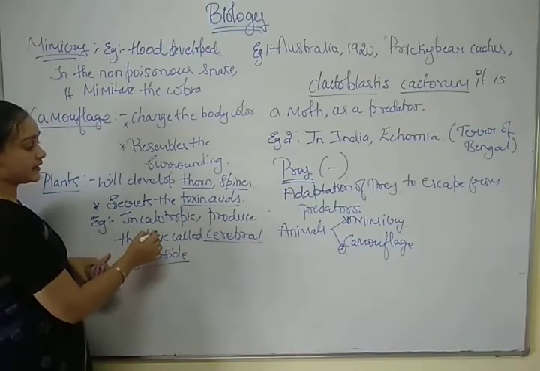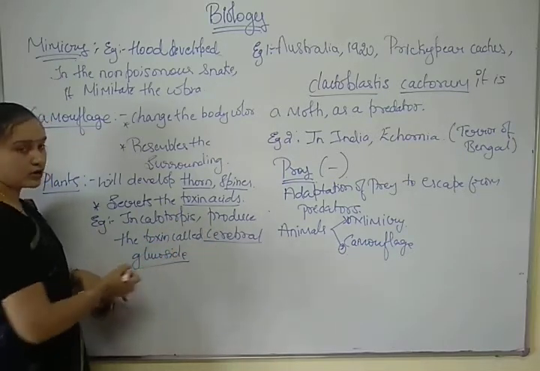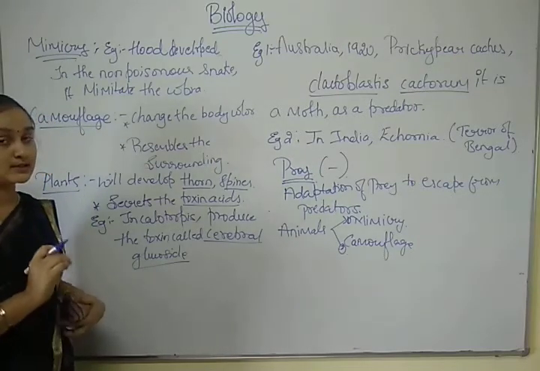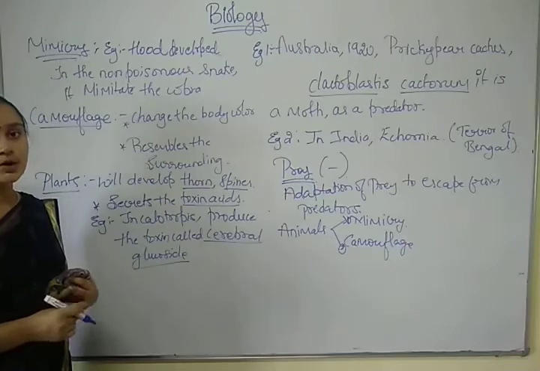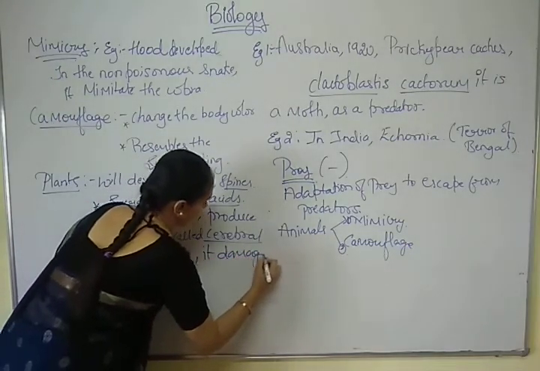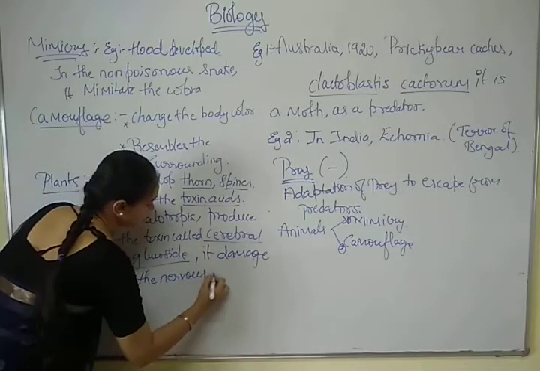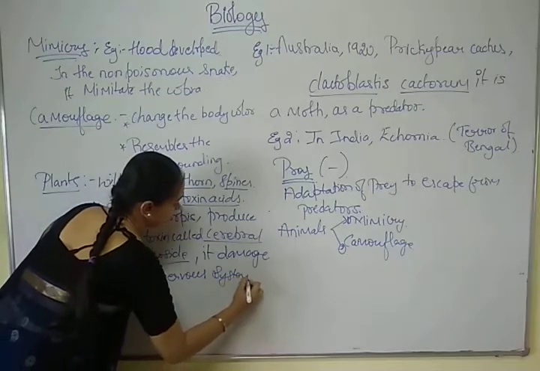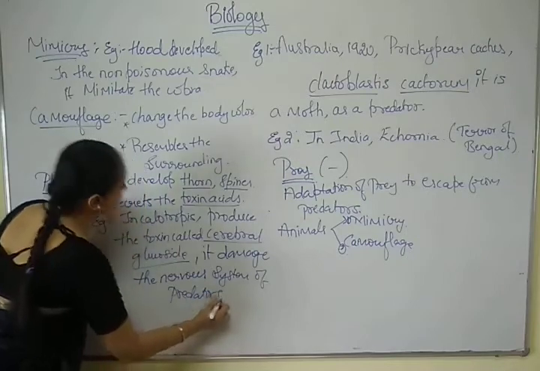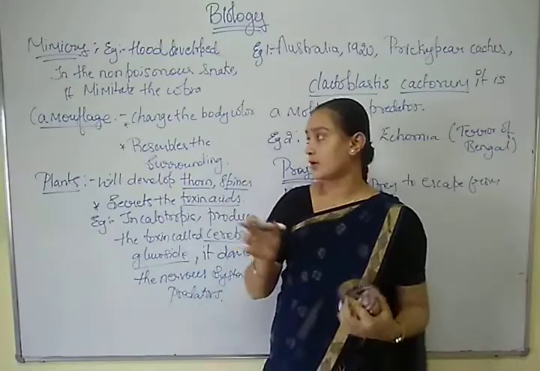For example, in Calotropis, the toxin called cerebral glucosides is produced, which damages the nervous system of predators. So this was all about predation.